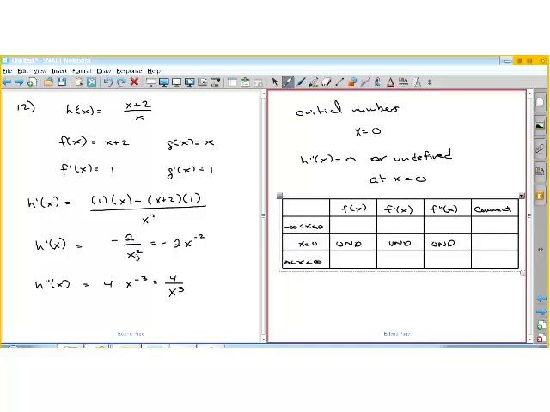So if you look at the first derivative right here, negative 2 over x squared, you can see this is always negative. So we put in negative in both of these intervals, and at 0, it's undefined. Then you do the same thing for the second derivative. The second derivative is cubed, so when x is positive, you have a positive divided by a positive number cubed, which is positive. In the negative interval, a negative number cubed is negative, so you have positive divided by negative, which is negative.